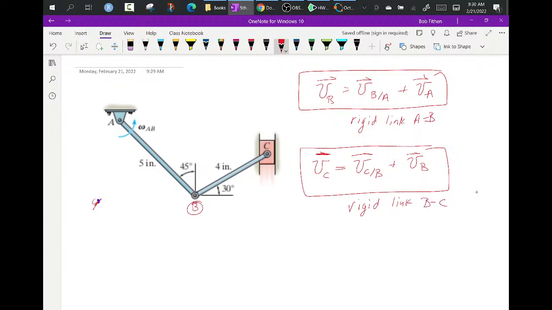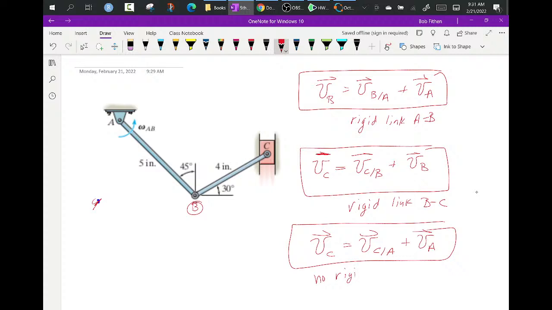What I can't do, this seems weird, is use the equation relating A and C. I can write the equation, but you can't use it because there is no rigid link AC.